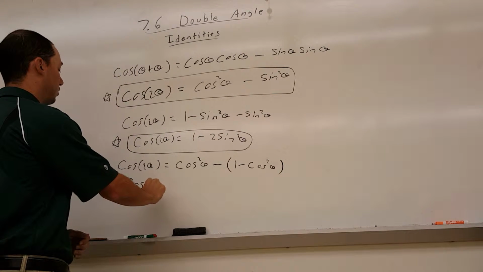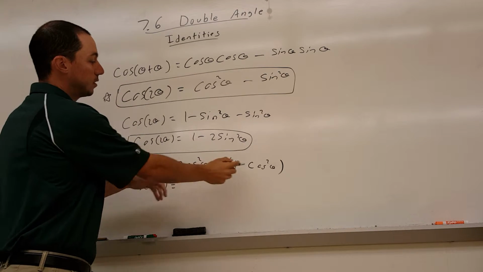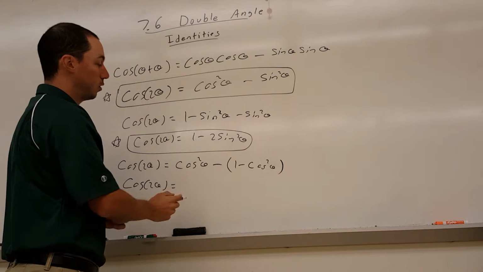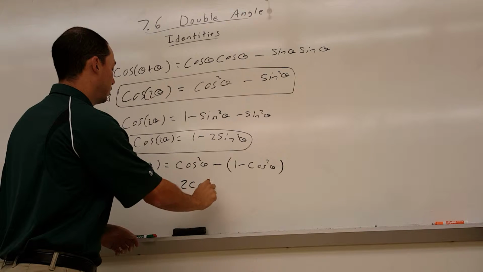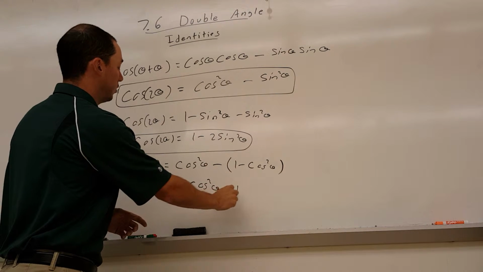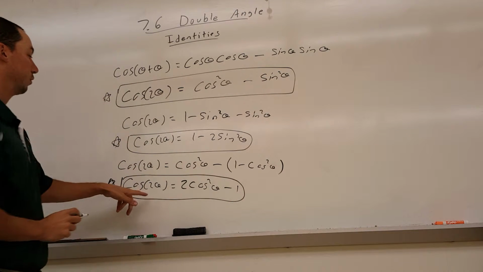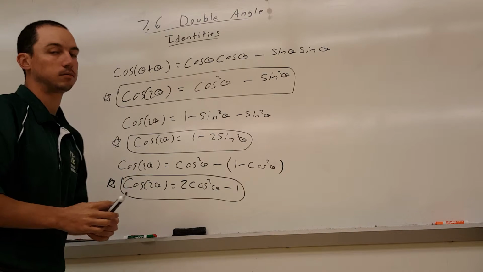Cosine of 2 theta equals cosine squared minus negative cosine squared. Minus negative cosine squared is plus cosine squared. Cosine squared plus cosine squared is 2 cosine squared theta minus 1. So there's 1, 2, 3 ways to write the double angle for cosine.